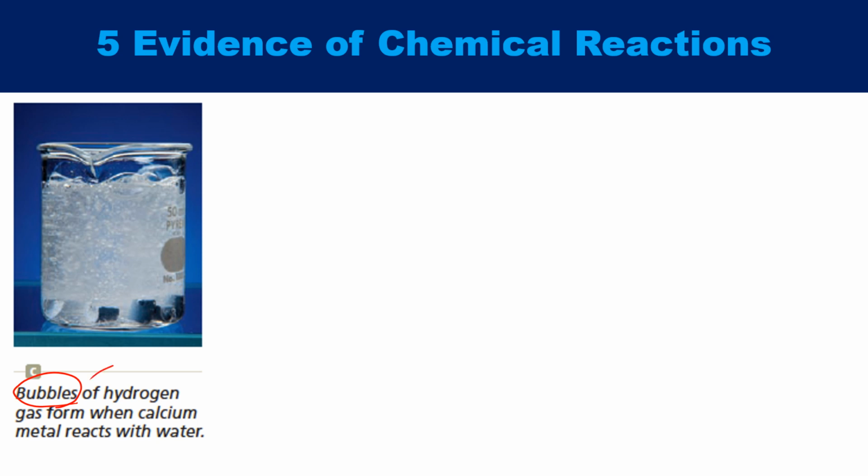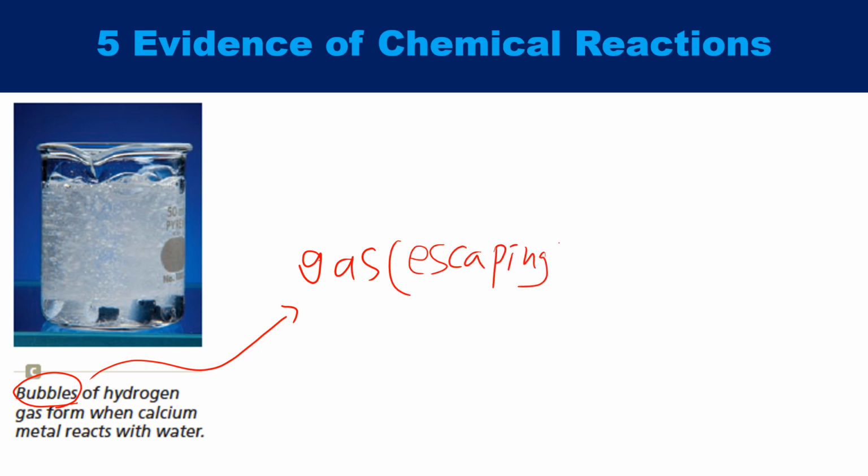Bubble means there is gas molecule that is escaping. From a scientist's perspective, that means if chemical A is mixing with chemical B and there's bubble, some kind of gas is forming.